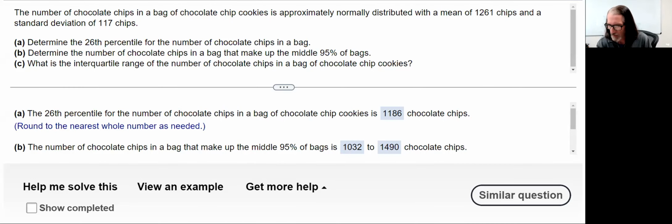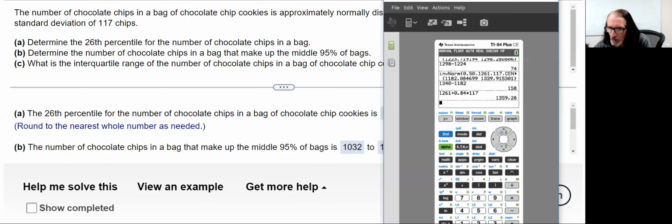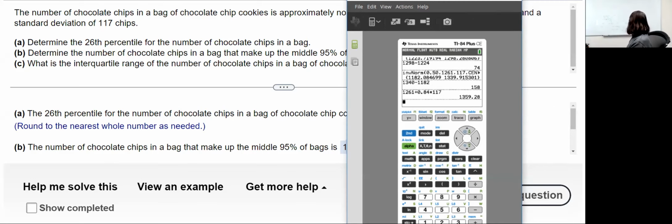See what we get on the calculator and compare it to what we had calculating this with the TI-84 instead. So that was 1261 plus 0.84 times 117. We came up with in part A. That was a negative 0.84 that I read.